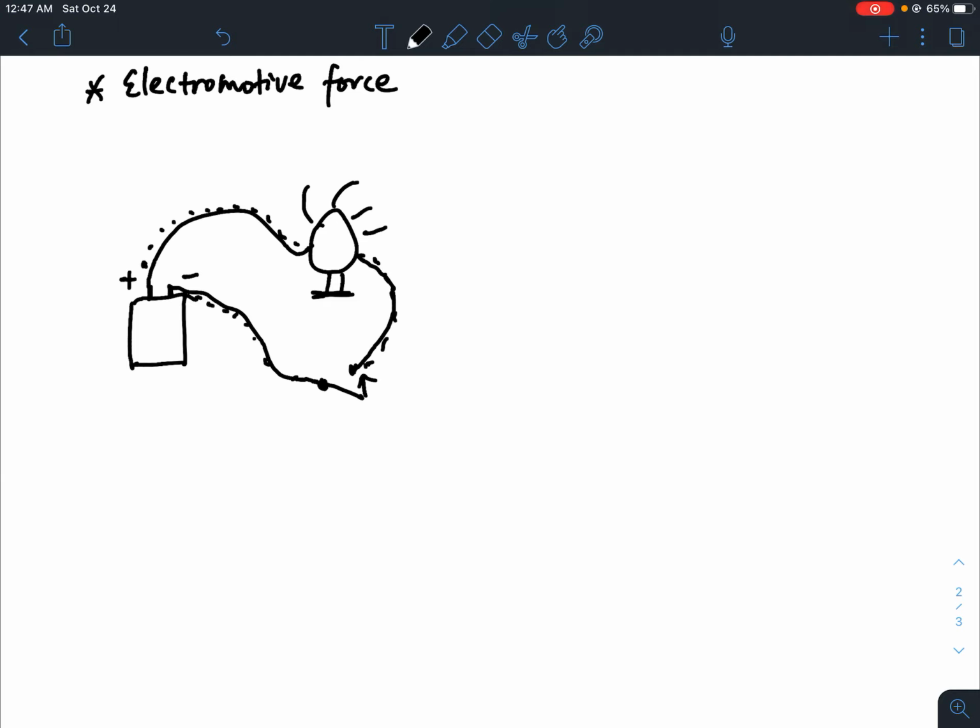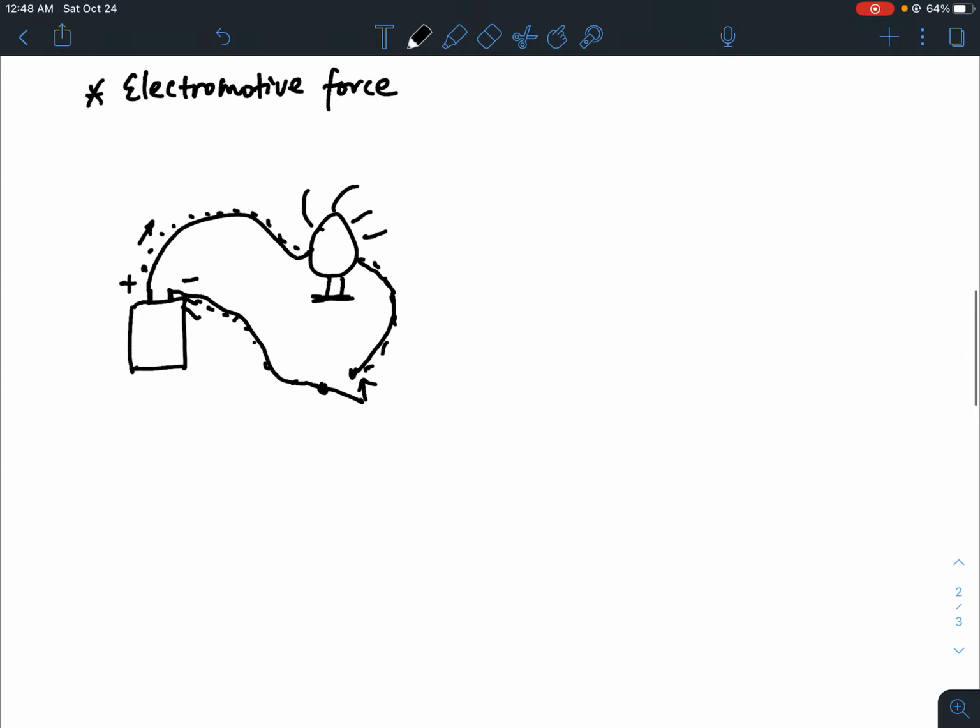Each electron, due to the electric field, moves very very slowly. However, all these electrons move in the same direction, so the electric field is established instantaneously. The charges start to flow, and current starts to flow.